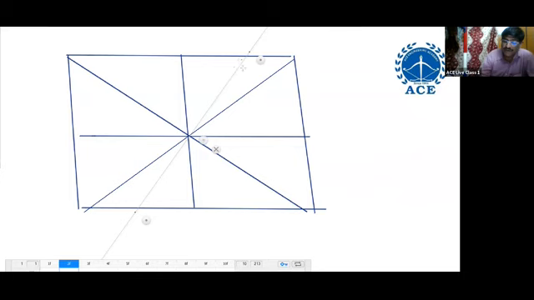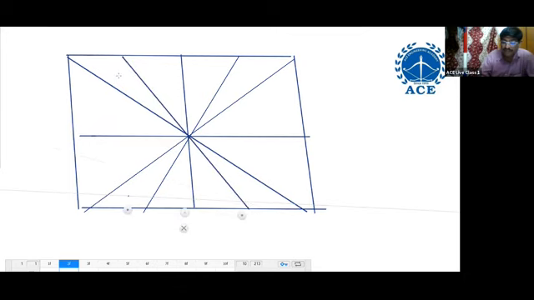Just observe it. It is a polar plot. These are the lines.